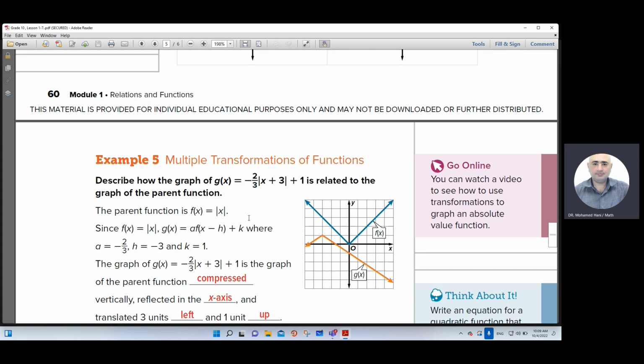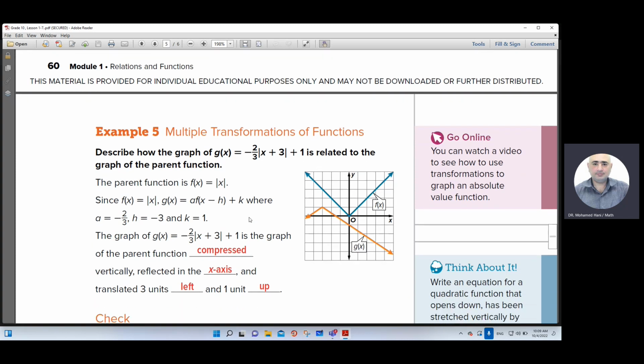A means dilation, h is for the translation right or left, and k is for the translation up and down. Quickly, the value of a is 2/3, a fraction between 0 and 1. If the value of a is between 0 and 1, it means we have compressed, smaller.